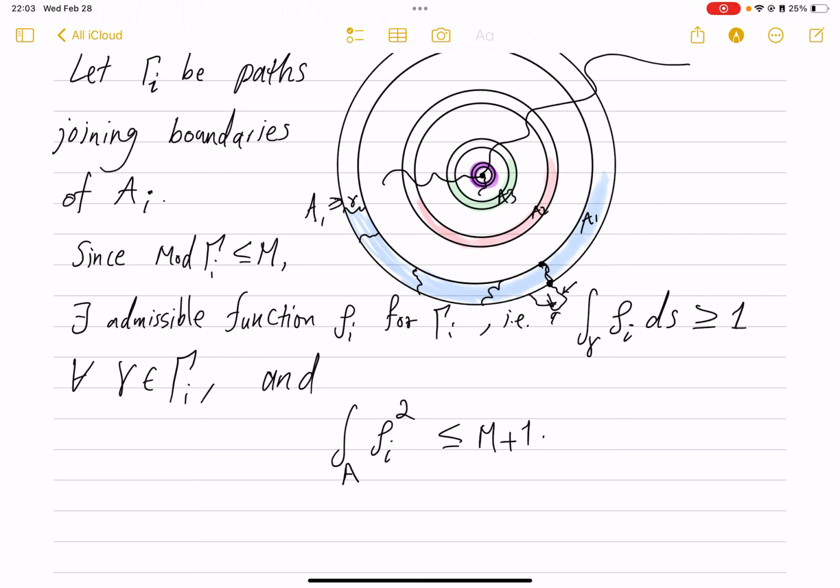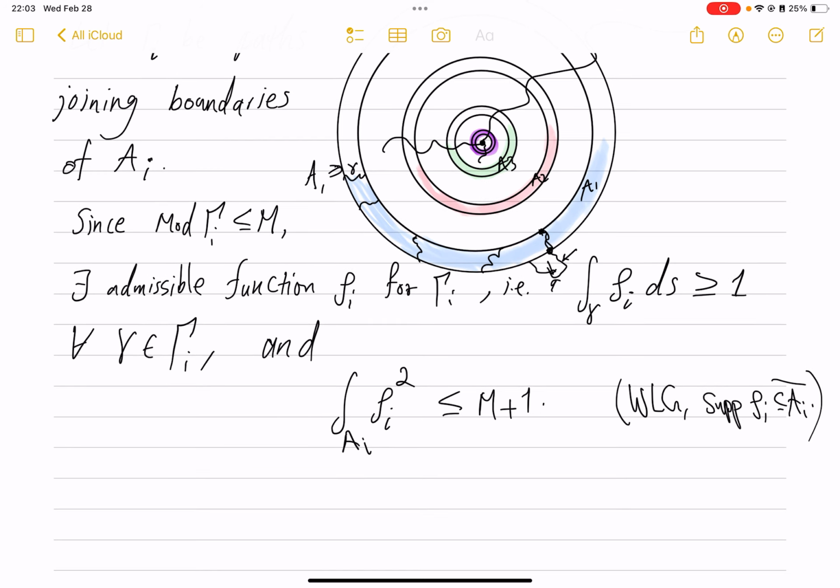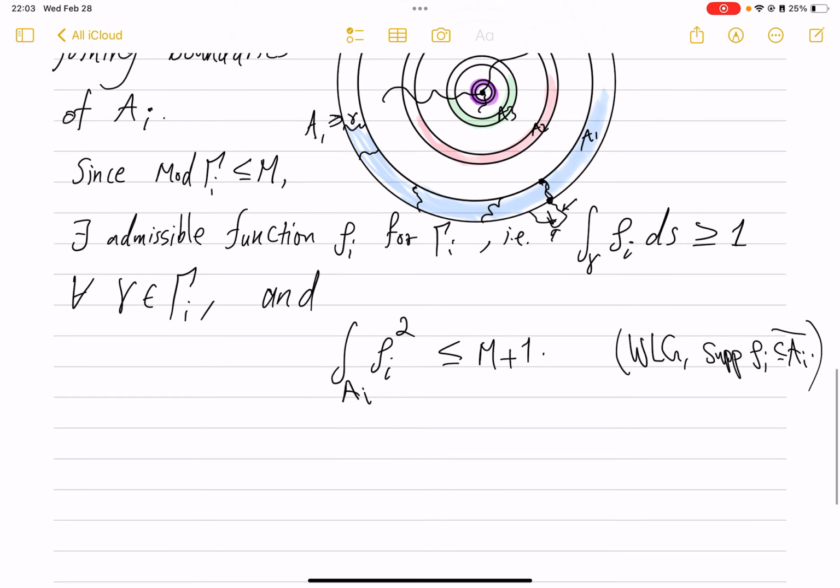So we can only integrate over A I. And without loss of generality, we can assume that the support of rho I is inside A I, the closed annulus. So for every I, we have found the one function rho I with this property.